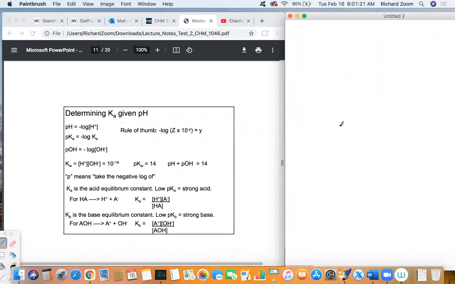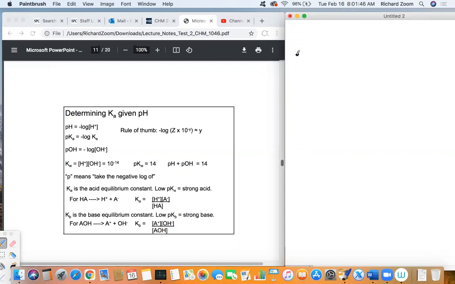So in the lab, we're going to be dealing a lot with pH and pOH and pKa and all of that as well. So let's talk about what a pH and a pKa and all that actually are. If we're talking about pH, it's the negative log of the H plus, or the hydrogen ion concentration.